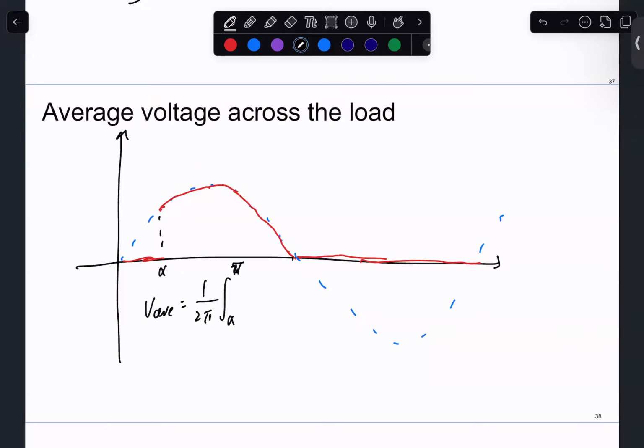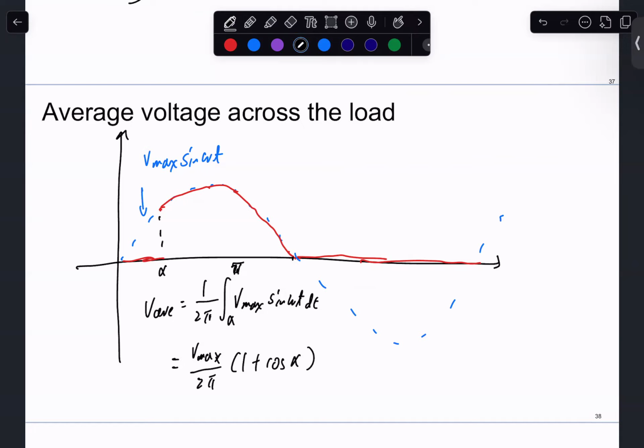This is the only non-zero part. And then Vmax sine omega t dt, so say the source voltage is Vmax sine omega t. I'll do this integral, and a short calculation will show that this is Vmax over 2 pi times (1 plus cosine alpha).